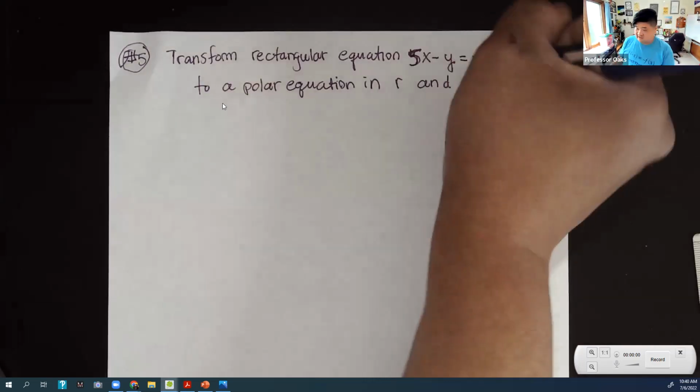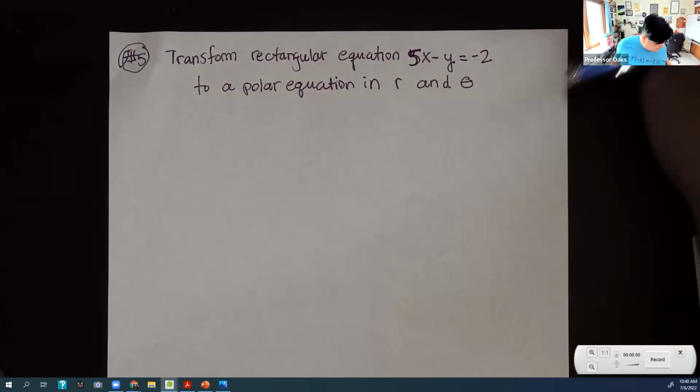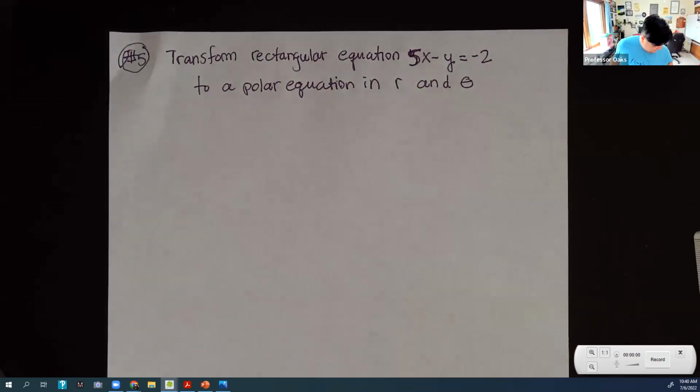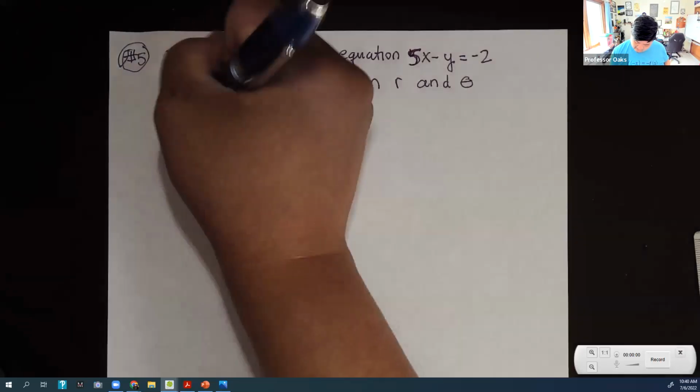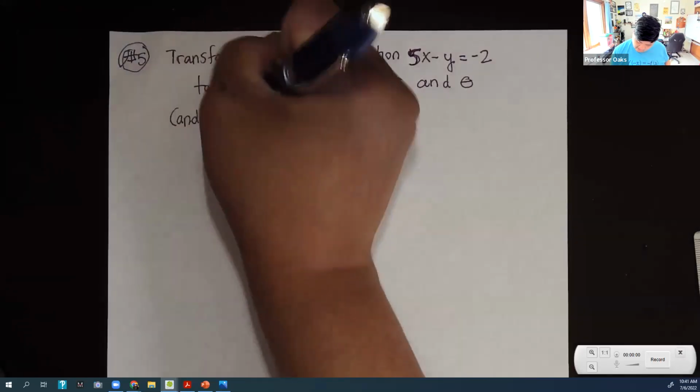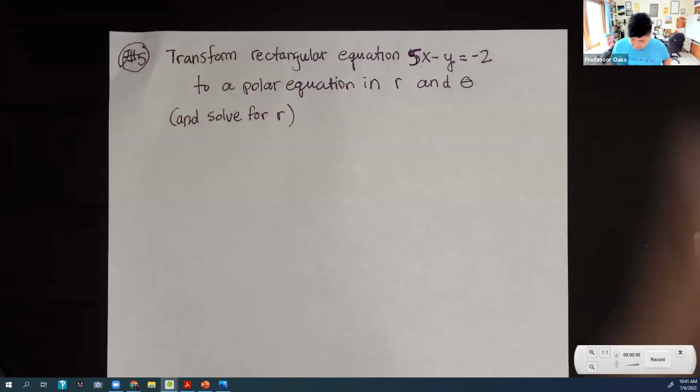That's actually not going to be as bad as it seems. But the key here is that they're always going to try to solve these for r. So solve for r.